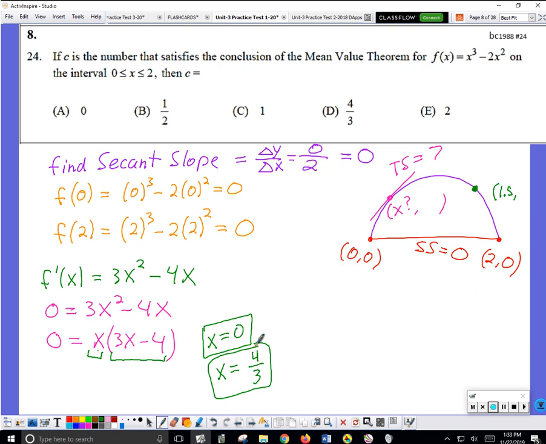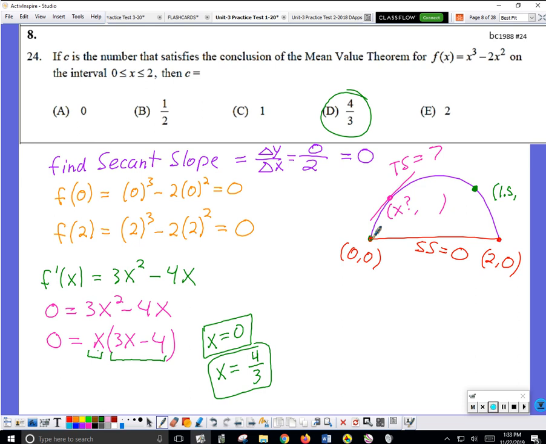One of the technicalities of the mean value theorem is you cannot find a tangent slope at an endpoint. So the correct answer is 4/3. Will you repeat that last part? Technically, we find slopes using the green formula sheet, right? But technically, how those slopes are found is by doing a secant to the right, secant to the left.